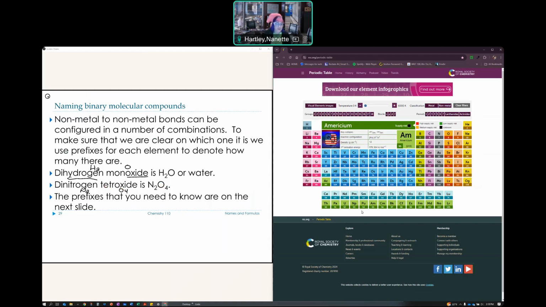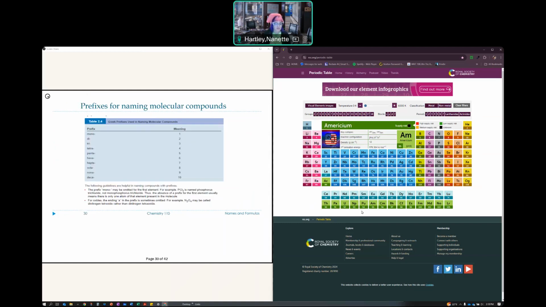The prefixes that you need to know are on the next slide. So they're these prefixes. Will I give you these on a test? Actually, no, these are not on a test. I expect you to know these. Why do I expect you to know these? Because they're incredibly important. Okay. For nomenclature, we absolutely have to know what these mean.